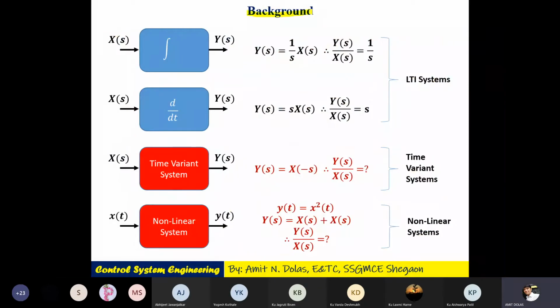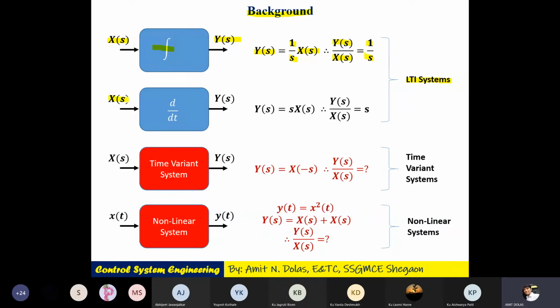Let's have some background of this. LTI system, that is linear time invariant system. You can see here x of s is the input and y of s is the output. You can write y of s is equal to 1 by s into x of s. So the transfer function, output y of s upon x of s, becomes 1 by s, which is nothing but the integration.